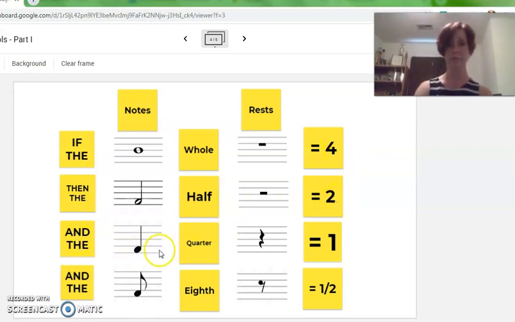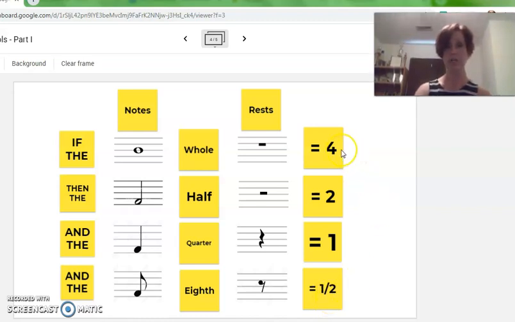And the quarter note or the quarter rest equals 1, because 1/4 of the whole is the quarter. And finally, the 8th note or 8th rest would equal 1/2.